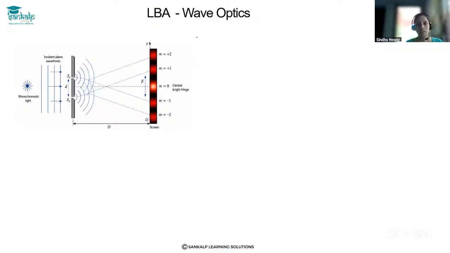First of all, we use the formula of Young's double slit experiment for the nth fringe. yn is equal to n lambda D by d. This is the standard expression in Young's double slit experiment to find the nth fringe.